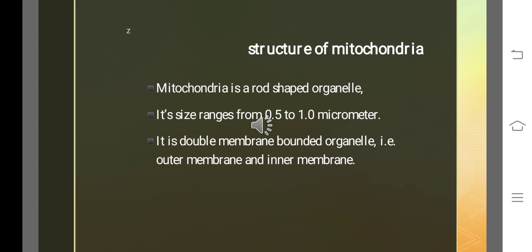So if we take a look at the structure of mitochondria, mitochondria is a rod-shaped organelle, and its size ranges from 0.5 to 1 micrometer. As we said before, it is membrane bounded, but it has two membranes, the outer membrane and the inner membrane.